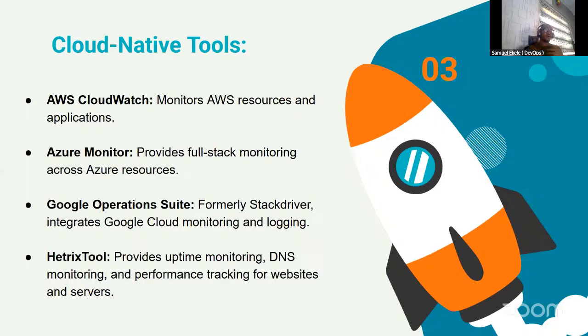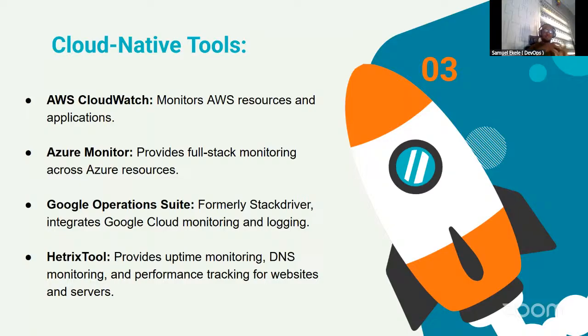It doesn't work on another platform, unlike the other ones we just mentioned, which you can use to monitor AWS infrastructure, your Azure, every service. But the cloud native ones only work on their own services, right? So CloudWatch only monitors the AWS platform, and then you have Azure Monitor, also for Microsoft Azure cloud services only, right? And then Google Operations Suite as well, the same thing.